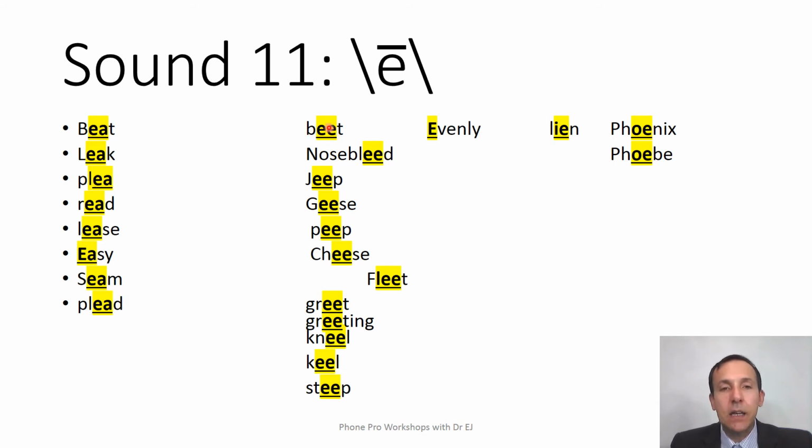We have EE, all these words, and many more, hundreds of them. And then E all by itself, like in evenly. And then IE or OE. Here you say Phoenix, and then you say Phoebe, and they are all represented by this phonetic symbol.